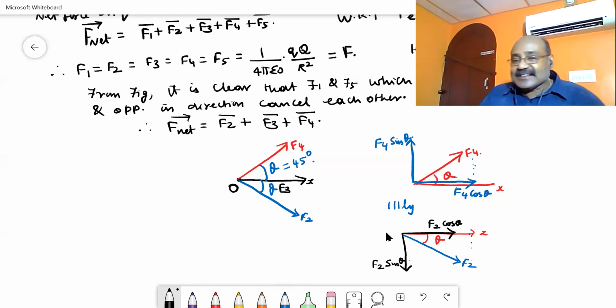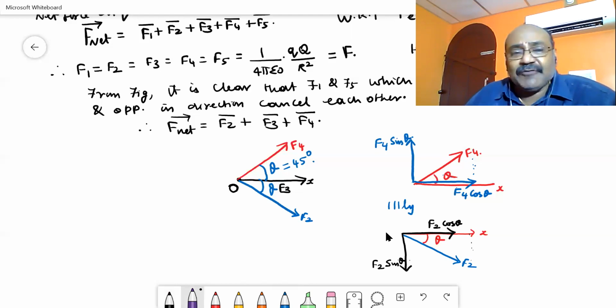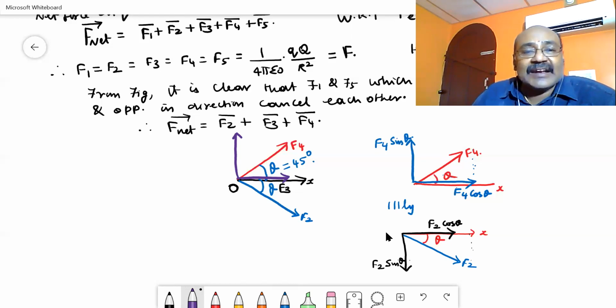Now take these resolved vectors and substitute them in this diagram. See, I am using some other color. When you are taking this, F4 can be resolved into two components, one along the horizontal and another one along the vertical. This vertical component is F4 sin theta, and this horizontal component we can write as F4 cos theta.